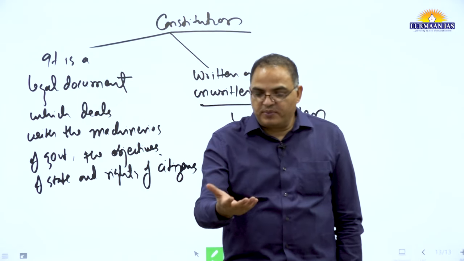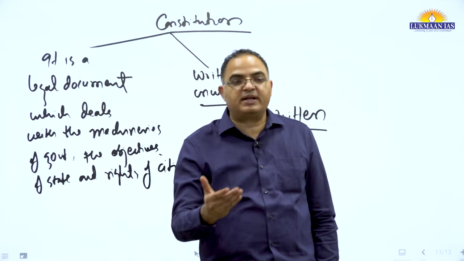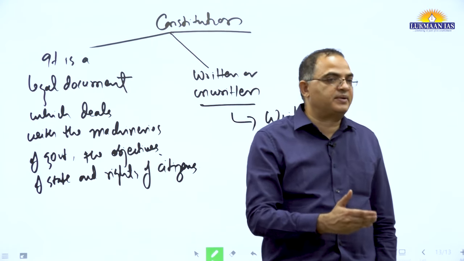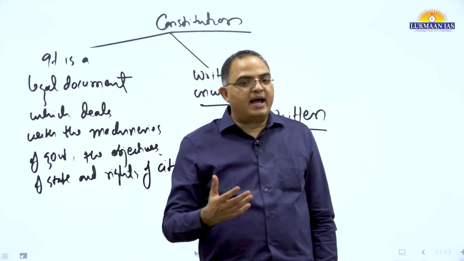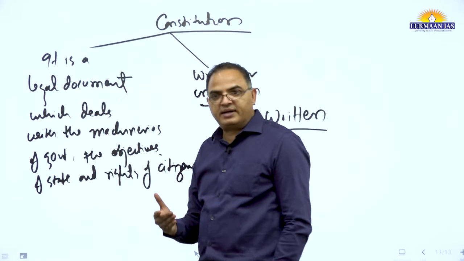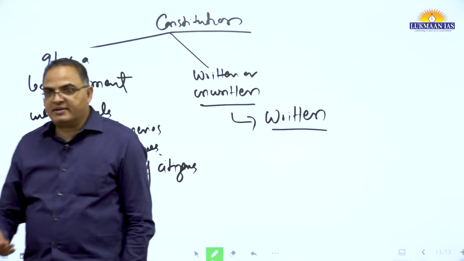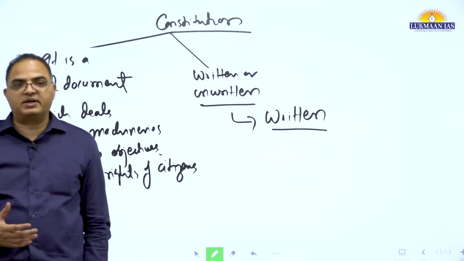When they adopt that constitution, that is how it is considered a written constitution. Like in our country, the Constituent Assembly was set up. It had a certain number of members and several committees. Most important was the drafting committee headed by B.R. Ambedkar, which finally drafted the constitution, and then it was adopted.